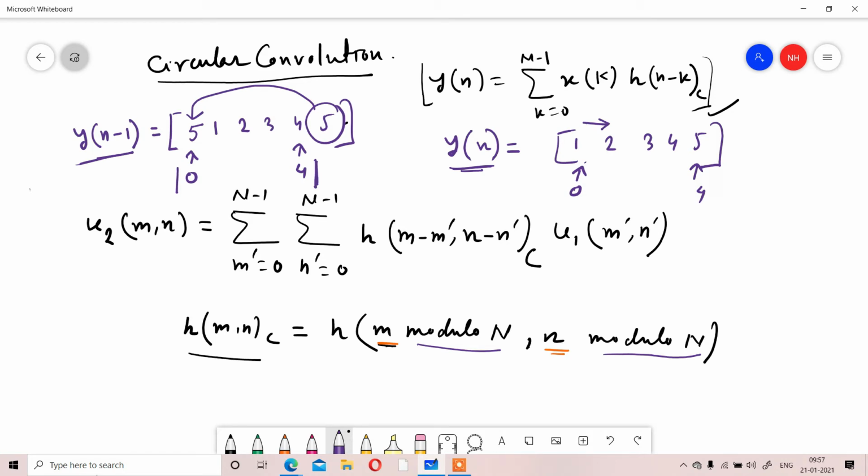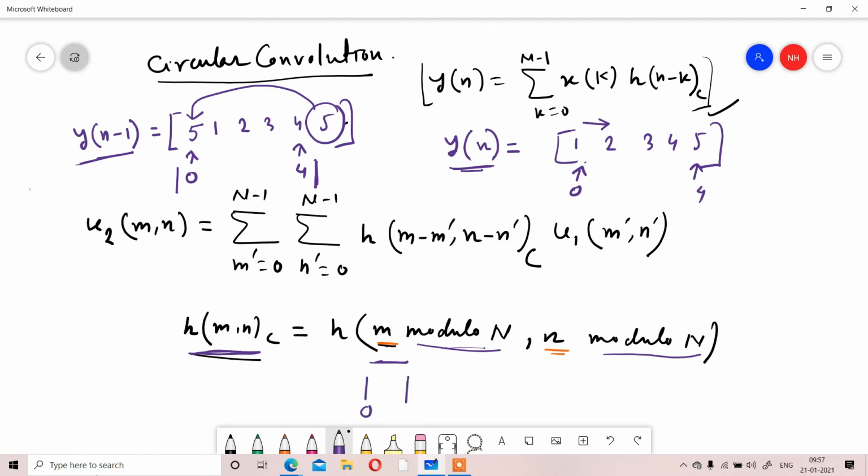I have represented here that h(m,n), if considered as circular convolution, is represented as h of m modulo N, comma, n modulo capital N. Whatever the value of m you get, it will remain within the modulus range.